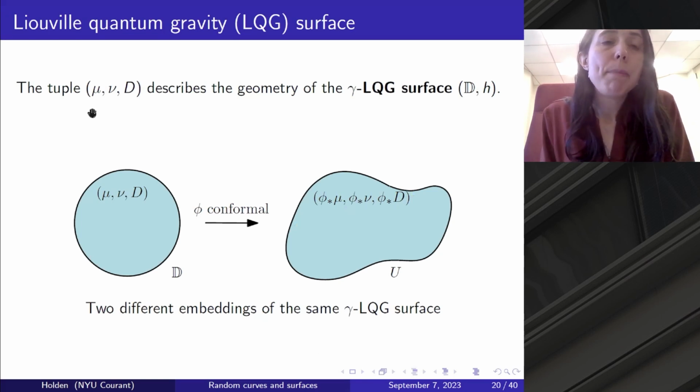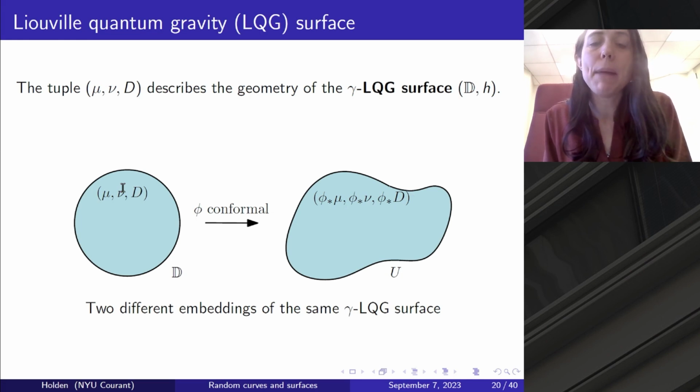So this tuple, mu comma nu comma d, describes the geometry of the gamma LQG surface. Remember that mu and nu are measures, and d is a metric. When we work with these LQG surfaces, we typically want to view them as abstract surfaces that can be embedded into the complex plane in various different ways. In this figure, you can see one LQG surface which has been embedded into the complex plane in two different ways.